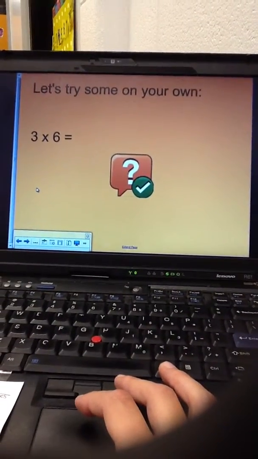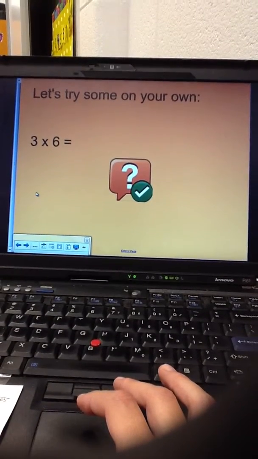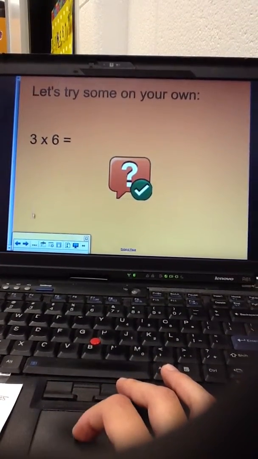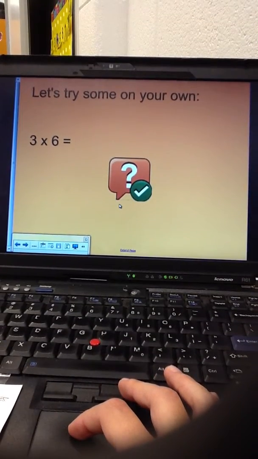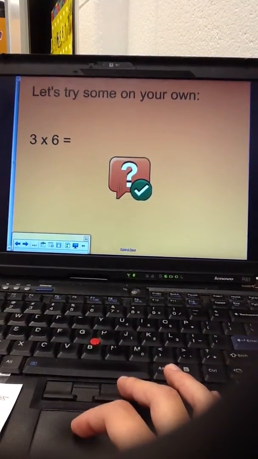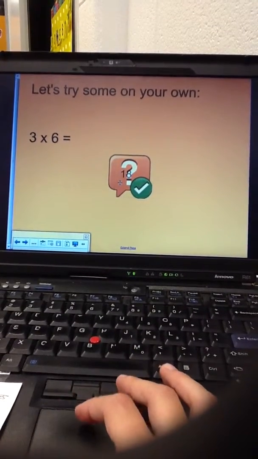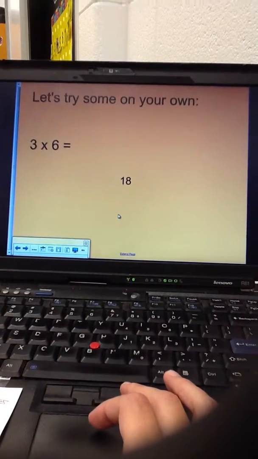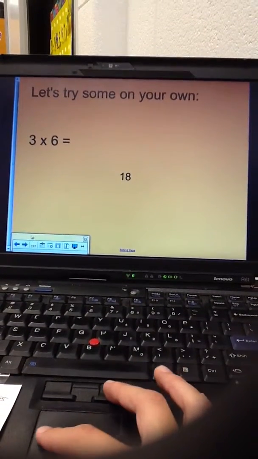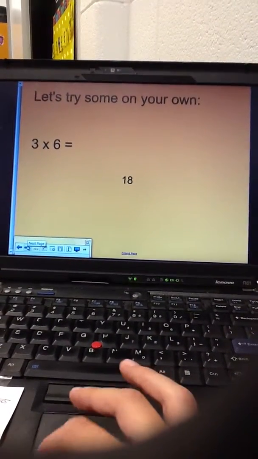Next problem, 3 times 6. Hopefully you and your group got that 3 times 6 equals 18. Hopefully you used one of those 4 strategies.